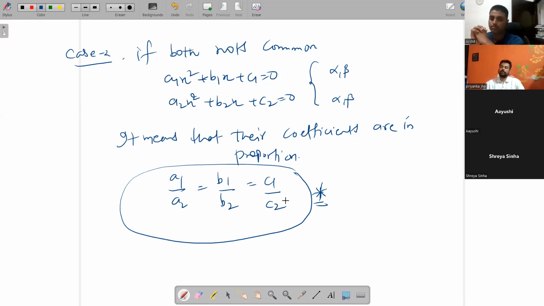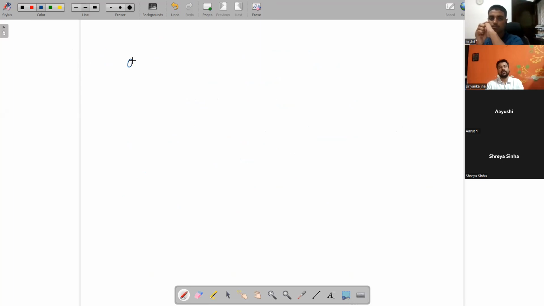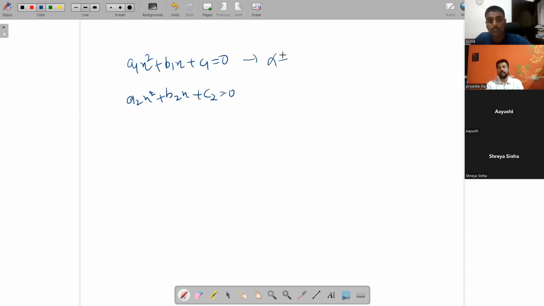Now, see, suppose you have two equations, a1x square plus b1x plus c1 equal to 0 and a2x square plus b2x plus c2 equal to 0. Suppose any of the equations has an imaginary root, alpha plus i beta, and one root is common.